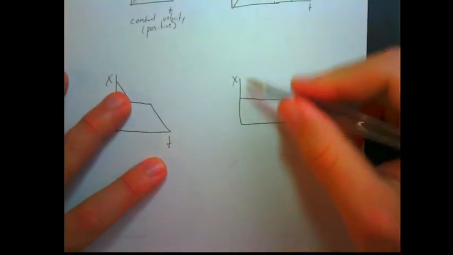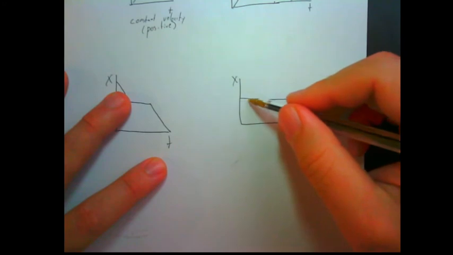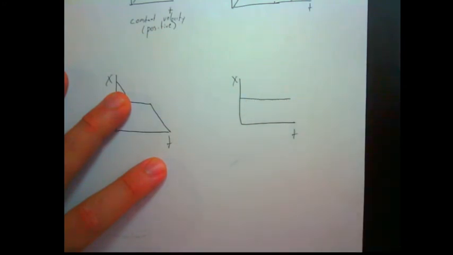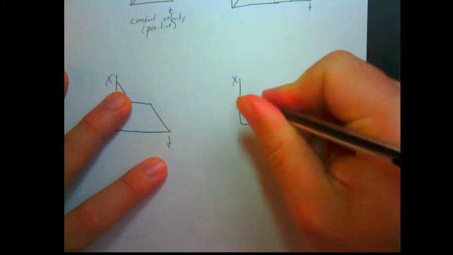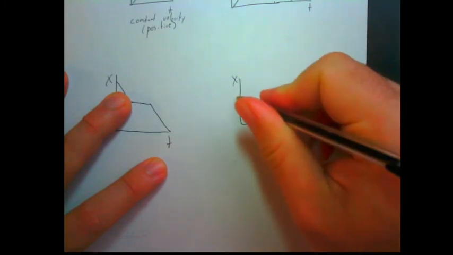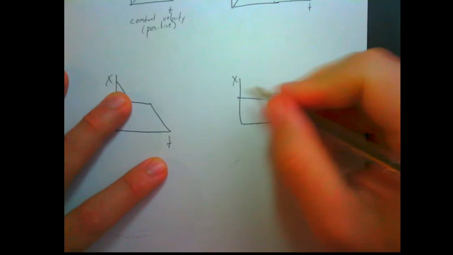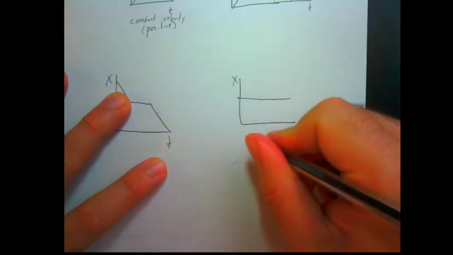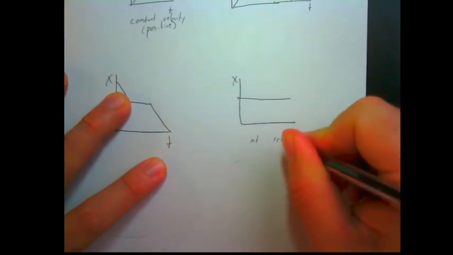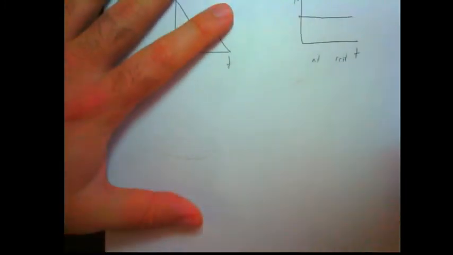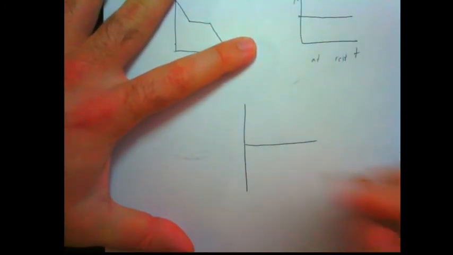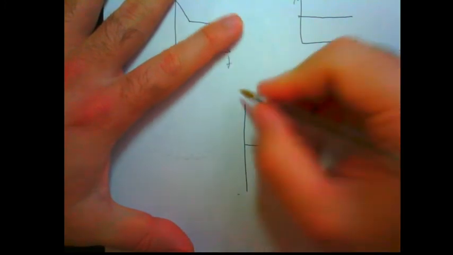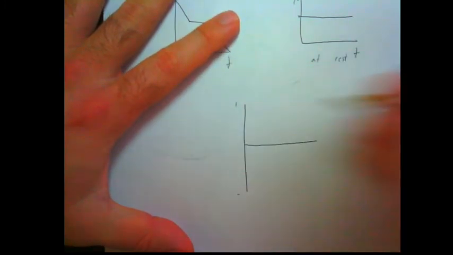Next, we have a horizontal line. Horizontal line means the object is here, and later it's still here, and later it's still here, meaning the object is at rest or not moving. Just a reminder, if it's hard for you to visualize what's happening here, we can call this a negative side and this a positive side.